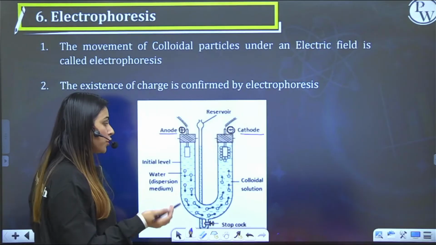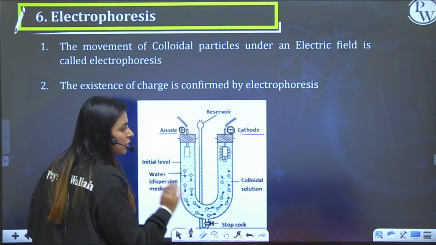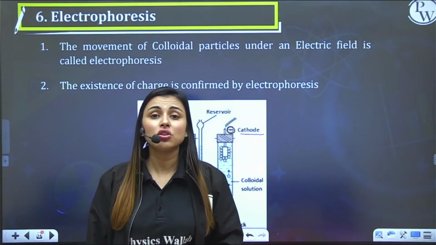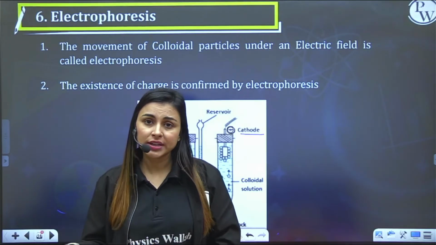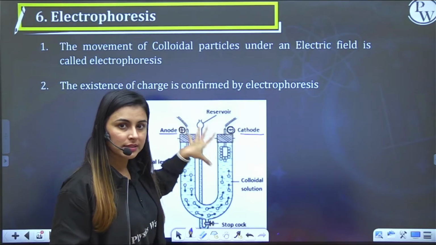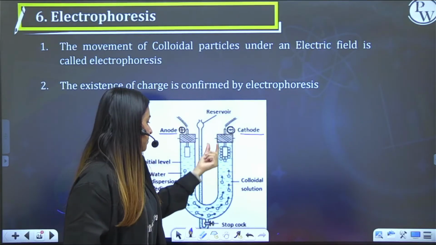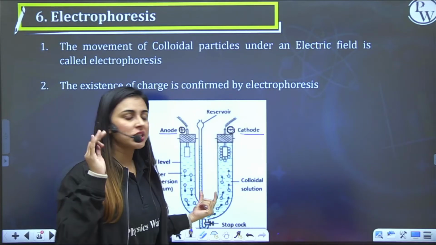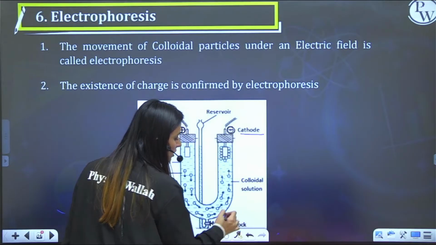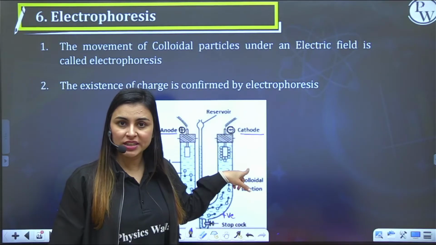Now, what you do is you put your colloidal solution here. Now you know that your colloidal solution is either positively charged or negatively charged. Now when you switch on this setup, your colloid is of one specific charge. Let's say it's of positive charge. If it is positively charged, it will go to the oppositely charged electrode.